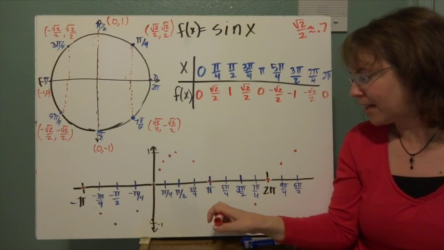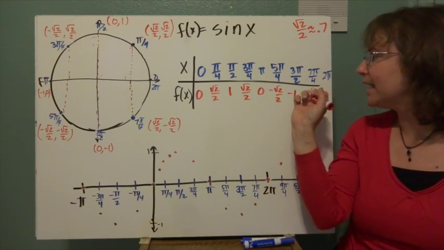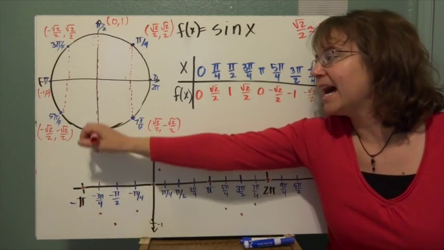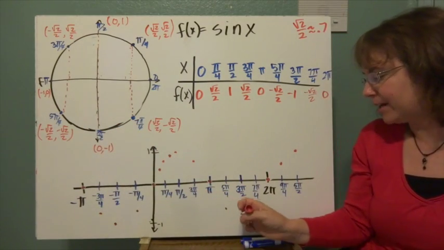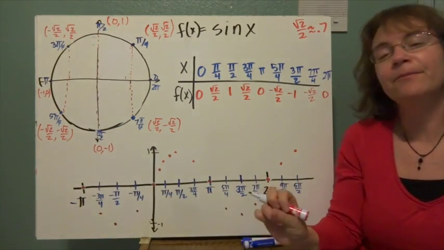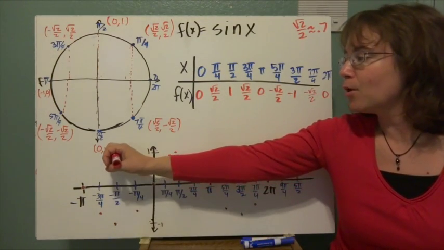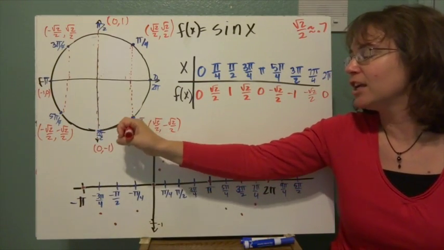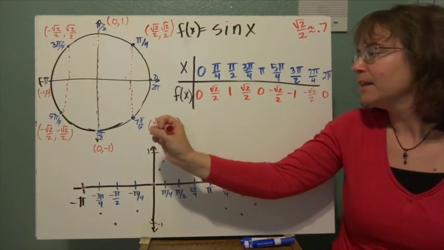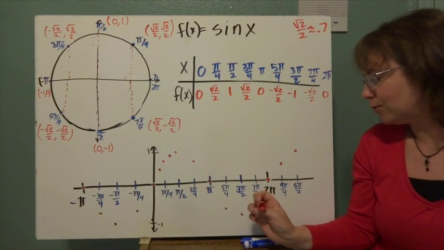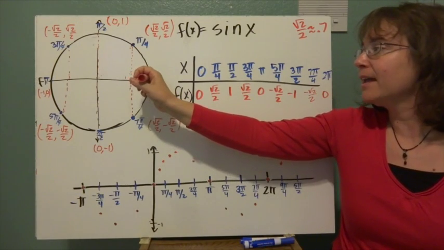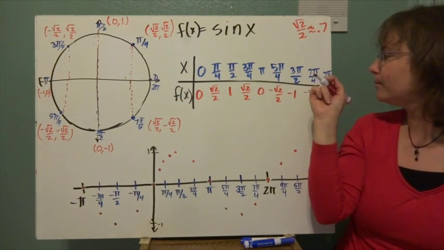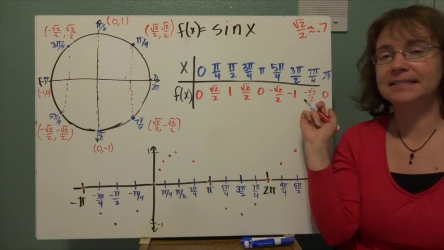So I can go ahead and plot that down here. When I get to 3 pi over 2, my height, right here in the red, is going to be negative 1. So I'm down here at negative 1. Now that's the lowest I'm going to go, because you can see my height changes and it goes back up again. And then I have negative root 2 over 2, or negative 0.7. And then at 2 pi, I'm back here at height 0.